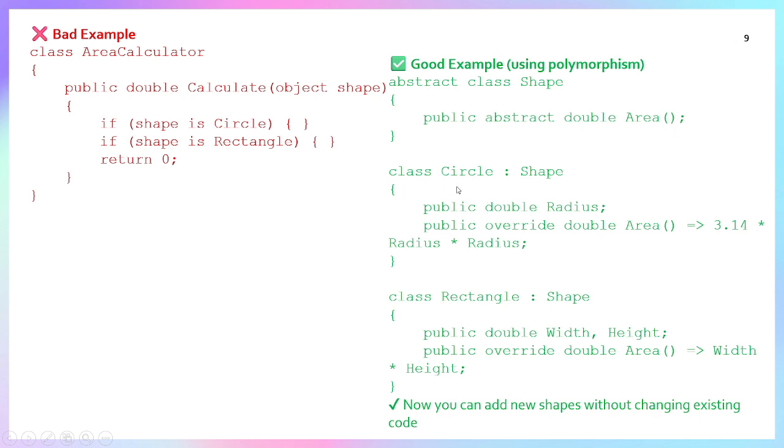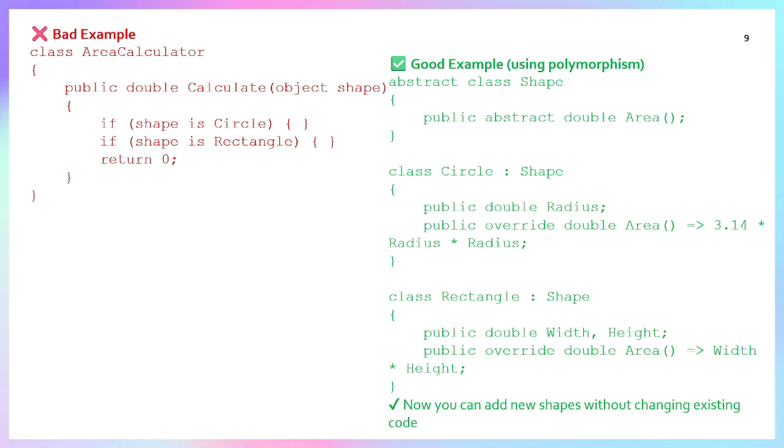Now the class Circle inherits the abstract class Shape, with a public double Radius and a public override double Area, so we override Area, and for the circle it is 3.14 into radius.